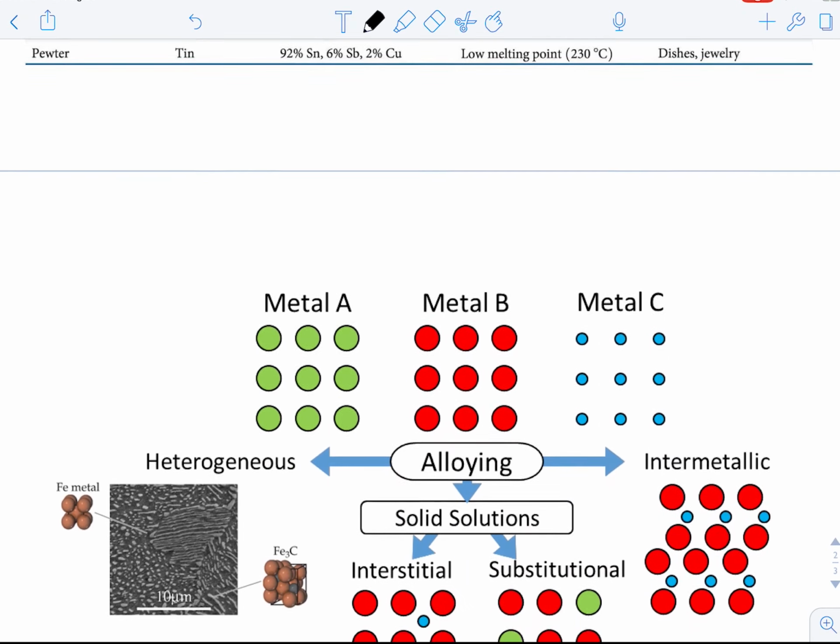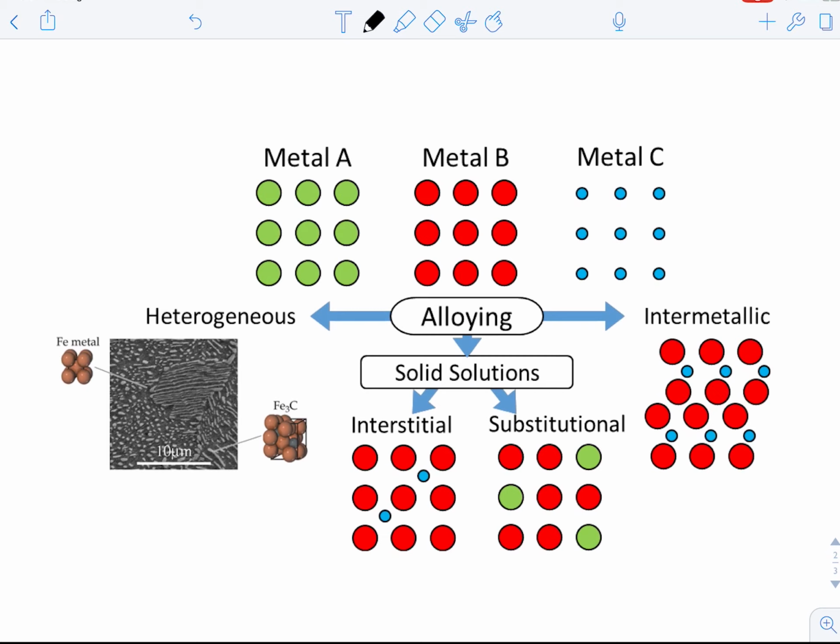Okay. Now, let's look at what happens to make an alloy. So we take some combination of metals. We're going to call them metal A, metal B, and metal C. In this case, A and B are similar in size. C is a different size. Through the alloying process, we can either get a solid solution, getting an interstitial or substitutional alloy, or we can get an intermetallic, which is actually a compound, so not a solid solution, and it's still made by melting metals together.